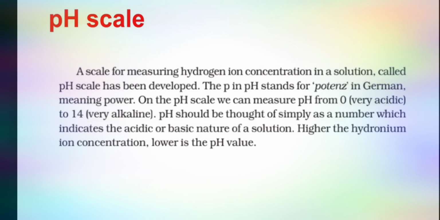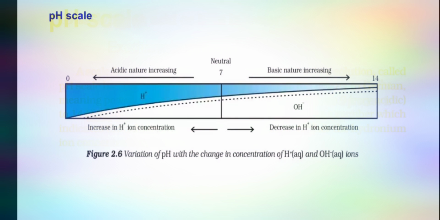Higher the hydronium concentration, lower the pH value. Here, you can see the variation of pH with the change in concentration of H plus. As already mentioned, the scale measurement is from 0 to 14. From 0 to 7, the concentration of H plus ion is high. But when we go from 7 to 14, the concentration of H plus ion is low.